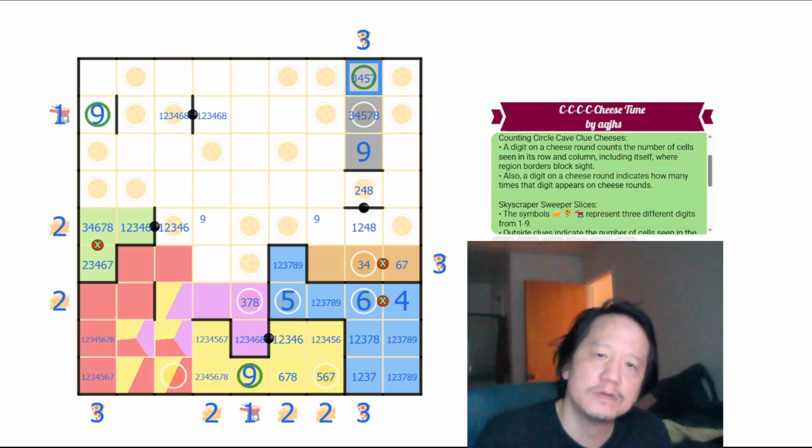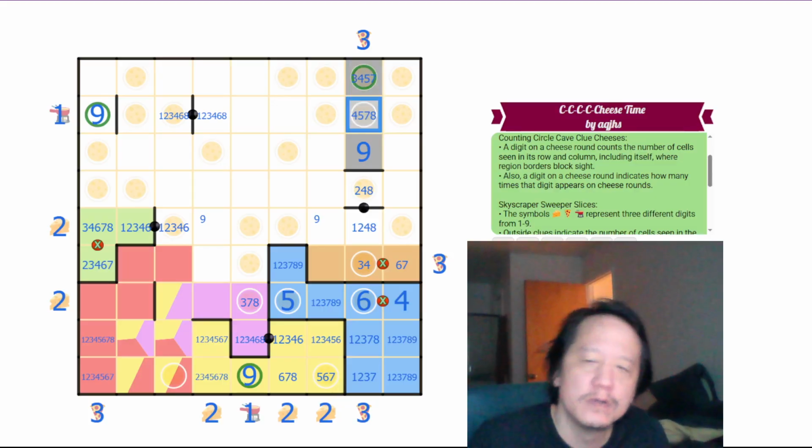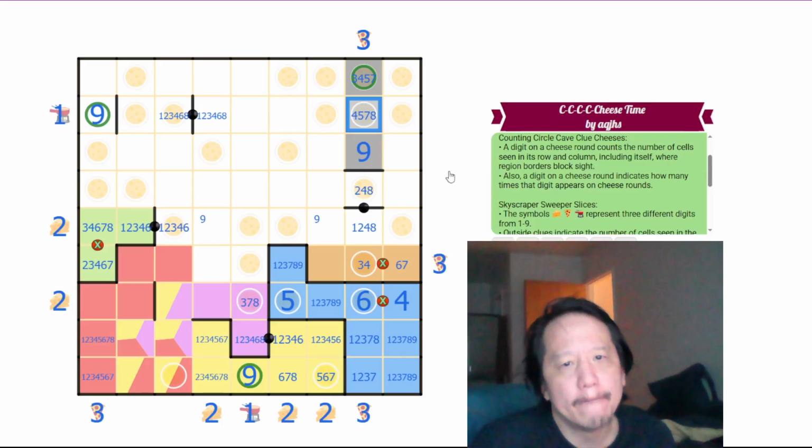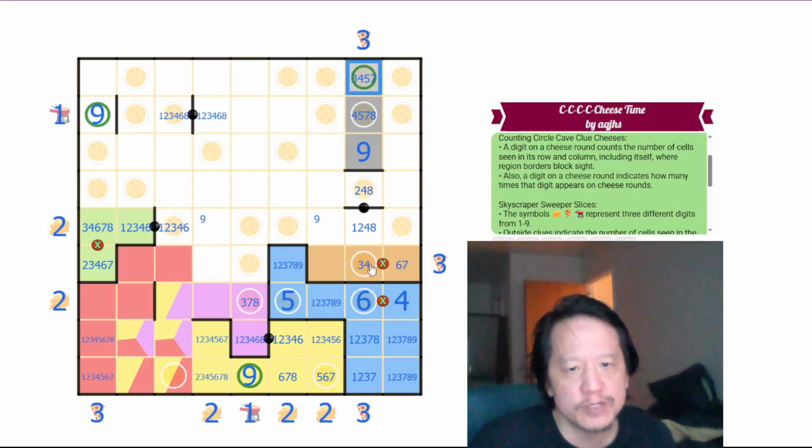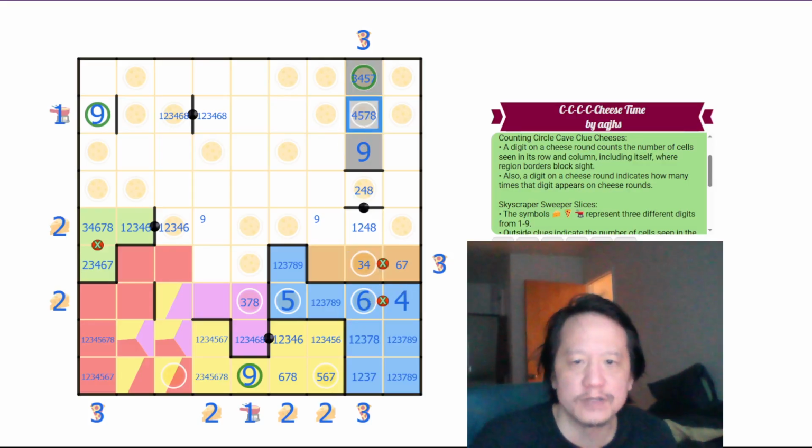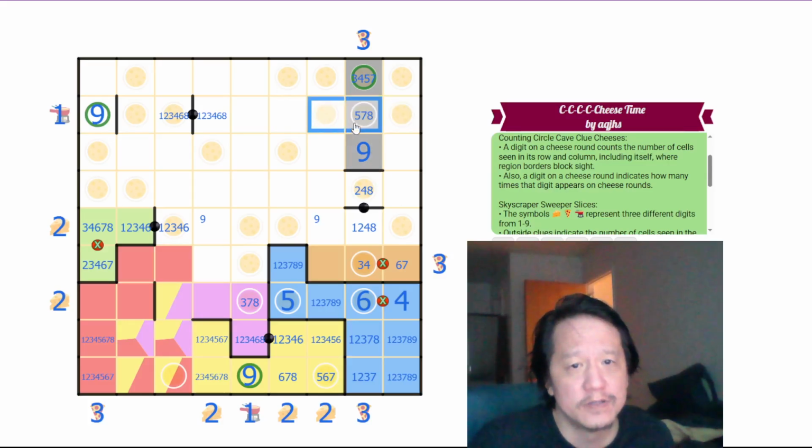Interesting. So this sees at least 3. It sees at least 4. This can't be 4, though. If this is 4, that means this is 3. That would eliminate all possibilities for that cell there. So this has to see at least 5. So this has to go this way, then.